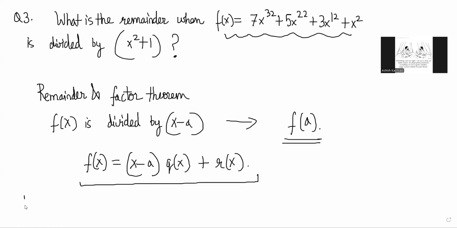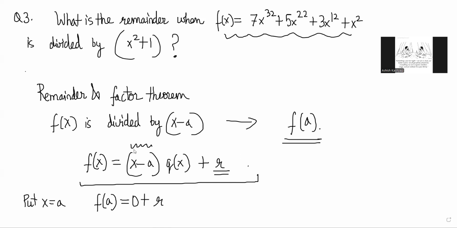But now if you put x is equal to a in this equation, what you get is f of a is equal to 0 plus r of a. And actually r of x is not a function, r of x is a constant because the quotient was degree 1, so this is a constant, right? The remainder polynomial has to have lesser degree than the quotient.